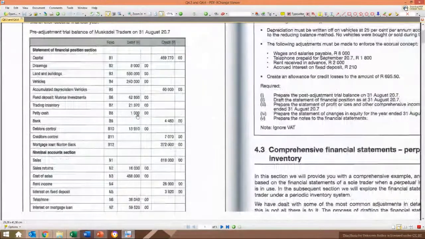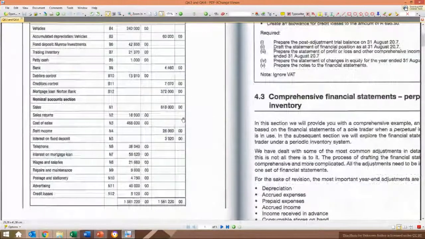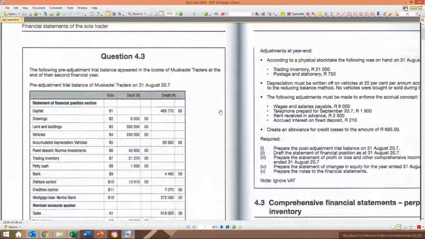Okay, so let's quickly see what additional information they've given to you. It's cut off a little bit, but the most important information is reflected on here. They tell you the adjustments at year end according to our physical stock take.